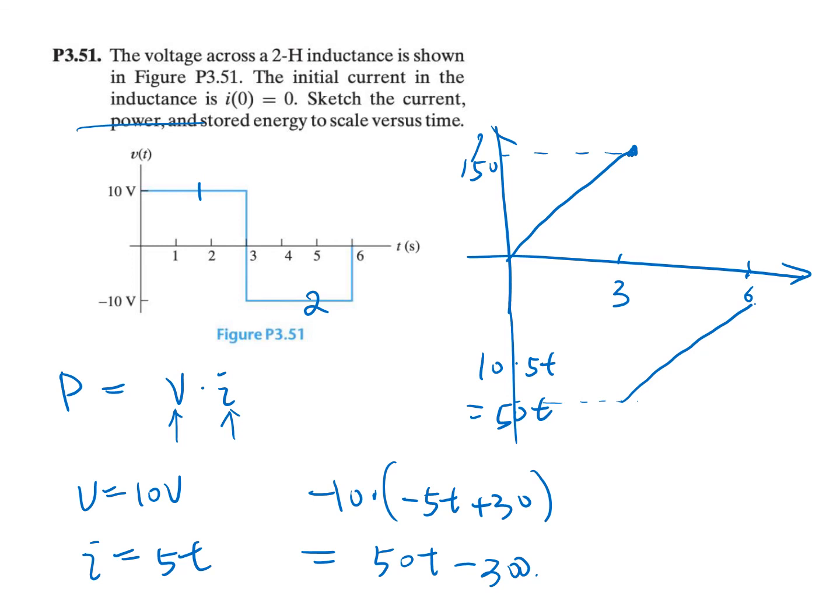And this is also negative 150. So this is our graph for power.